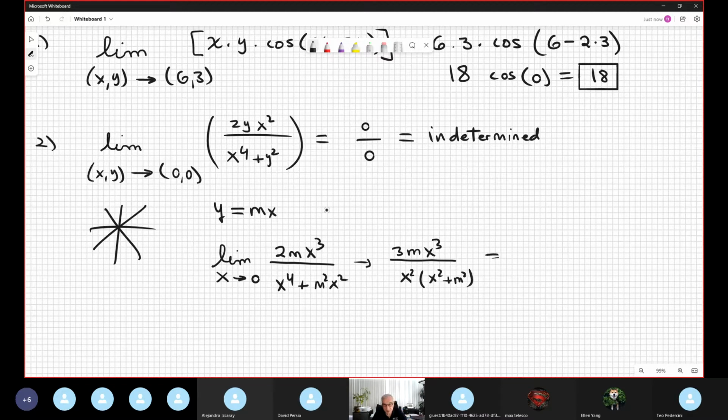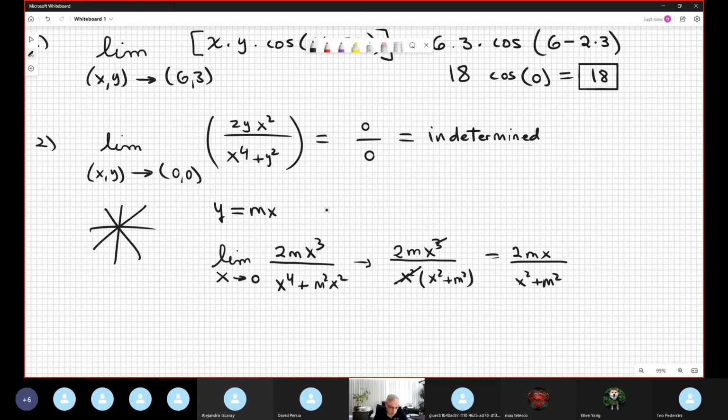And you cancel out x squared and 2 here, and stay alive only 1 in the top. So my answer is, I don't know, I put 3. I come from this 3 is 2. Is 2mx over x squared plus m squared.